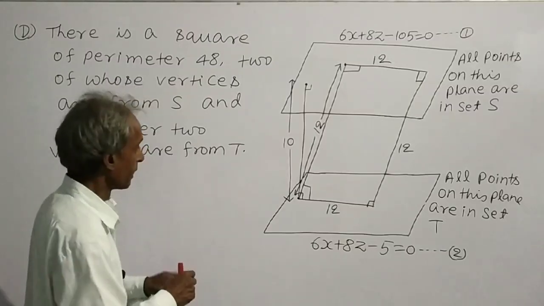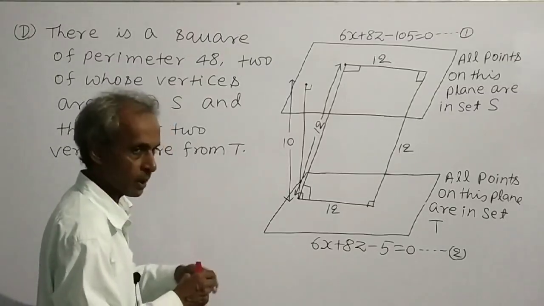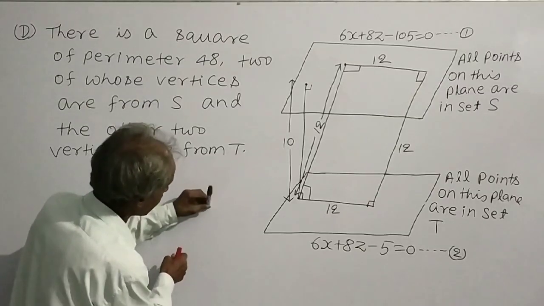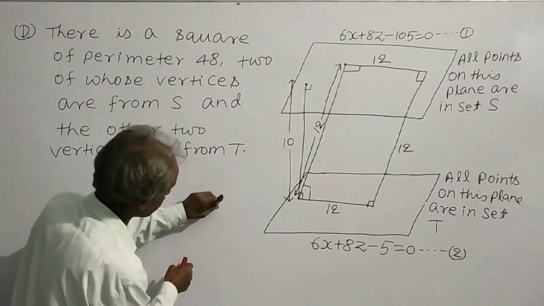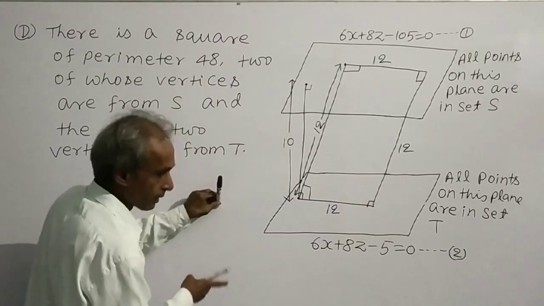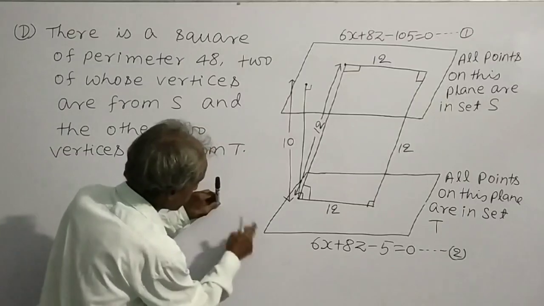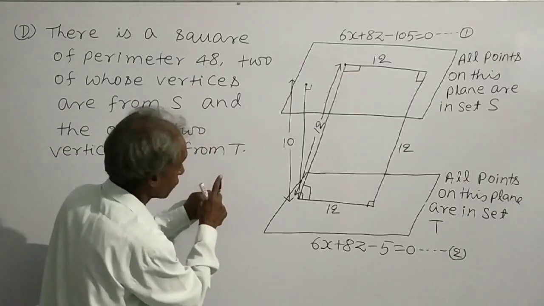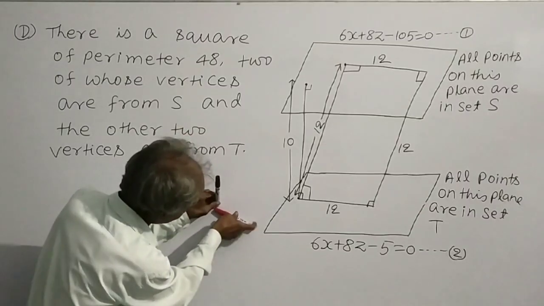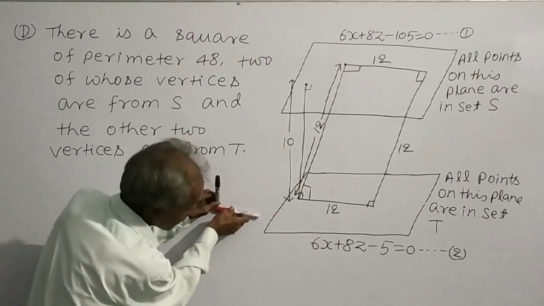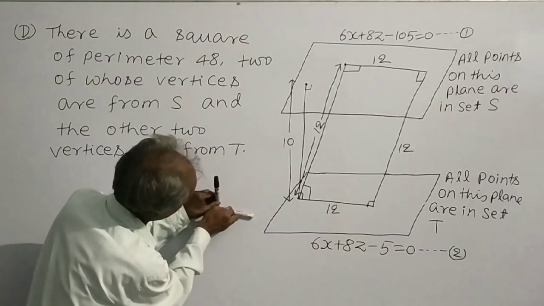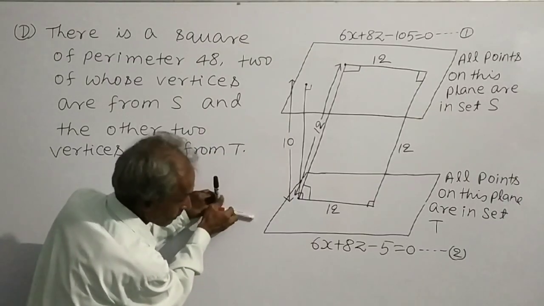But when a line is not perpendicular to a plane, but is inclined like this, then not every line in this plane is perpendicular to this line, but there is exactly one line lying in this plane which is perpendicular to this inclined line.